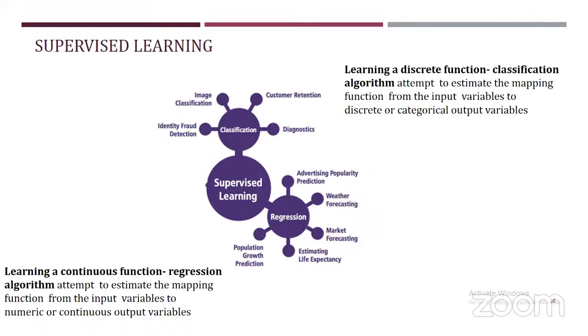When your task is to predict a value in terms of discrete values, we go with classification. And when the task is to predict a continuous value, we go with regression.